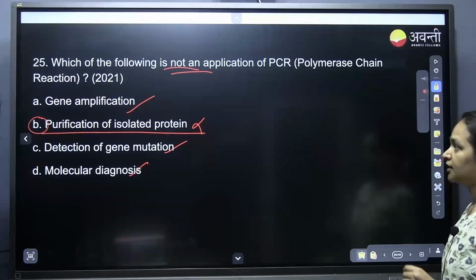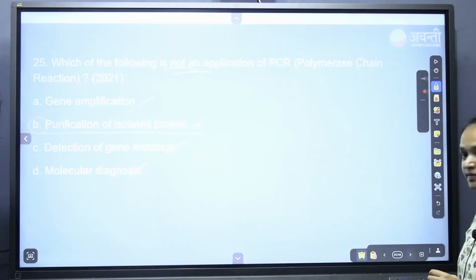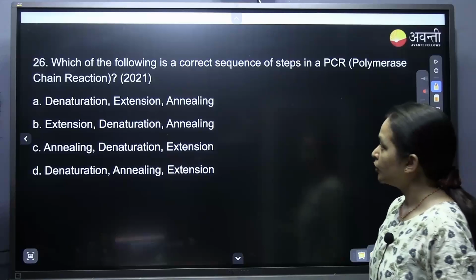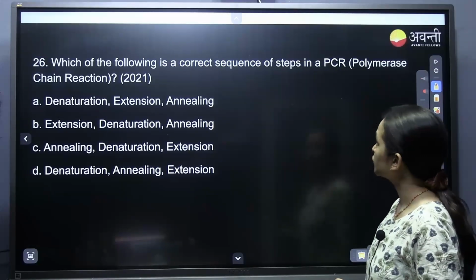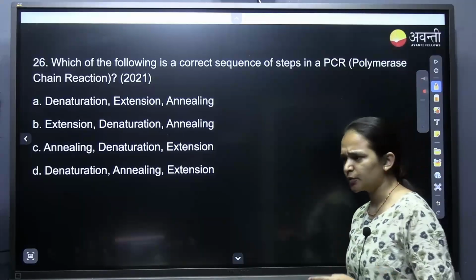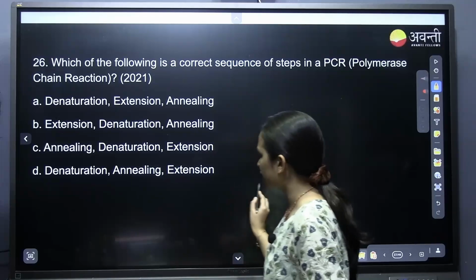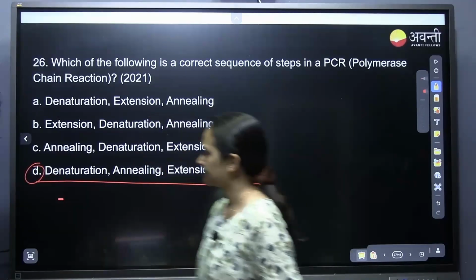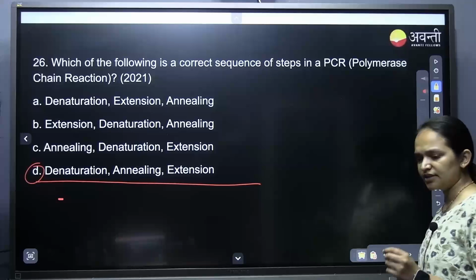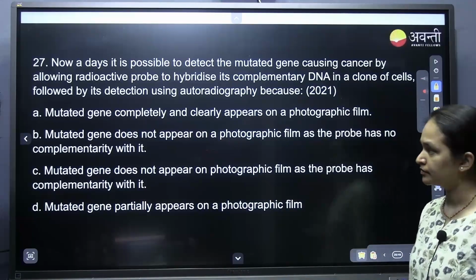Understanding? Which of the following is a correct sequence of steps in a PCR? This is a repeated question; yesterday also we did this. Denaturation, annealing and extension. Easy question. Yes, very good, Kiran. D is the correct answer.